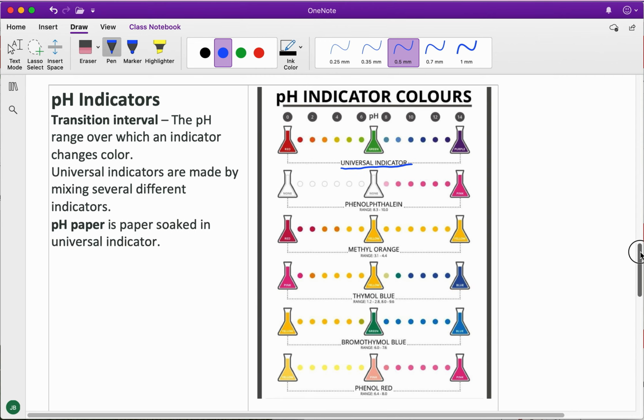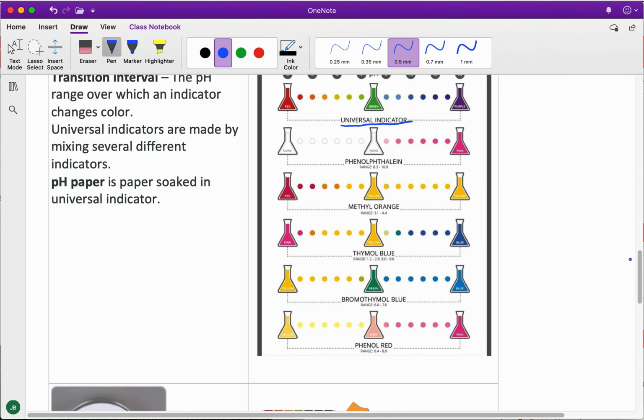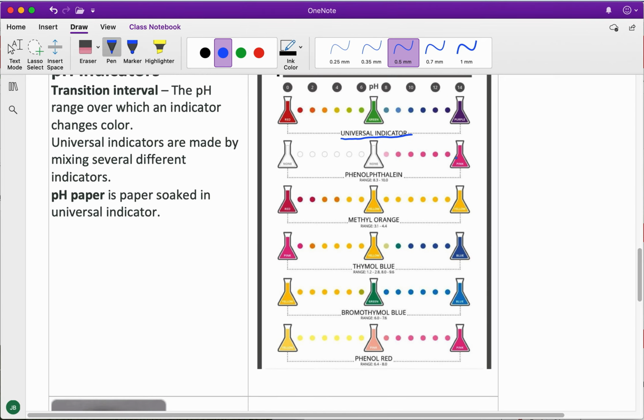Now, most other indicators have a much smaller range. Here are some very common indicators, whether it's phenolphthalein, which we will see. Let me see if I can scroll so you can see the pH range. Phenolphthalein is good to use if you're going to have a basic solution. Methyl orange would be better to use if you have an acidic solution.